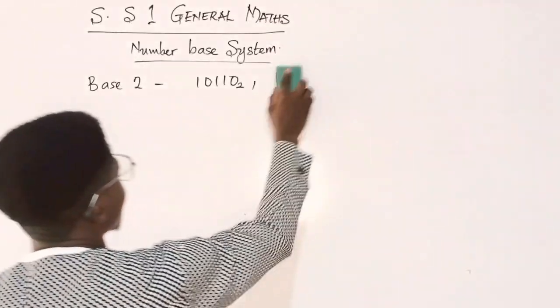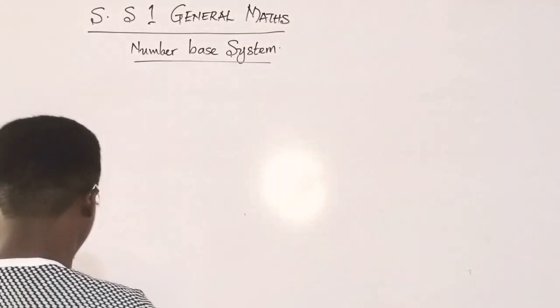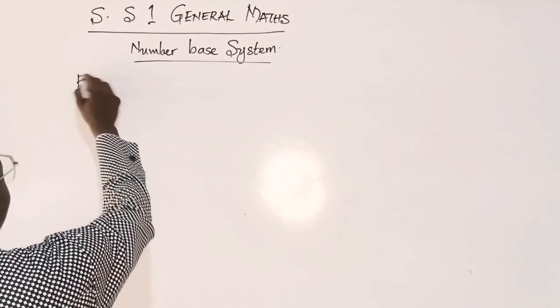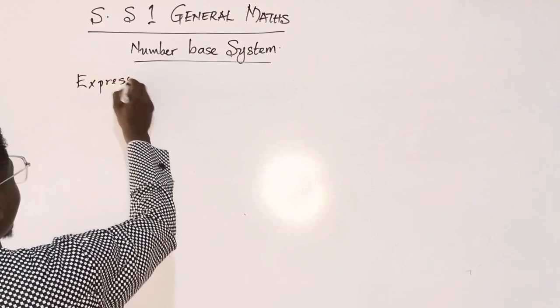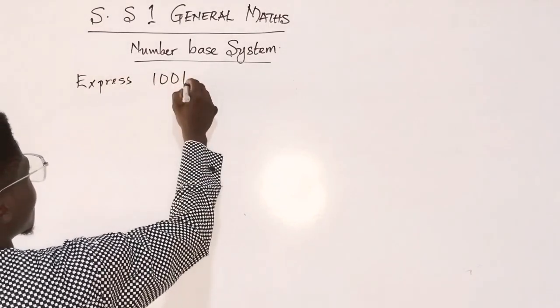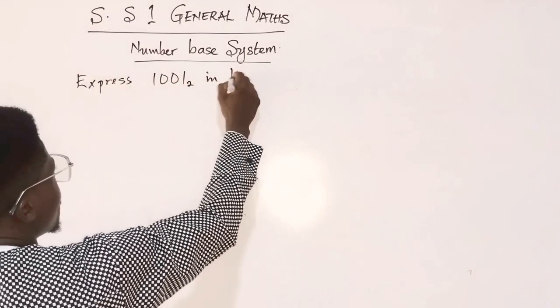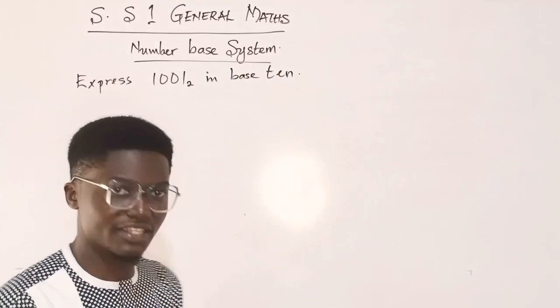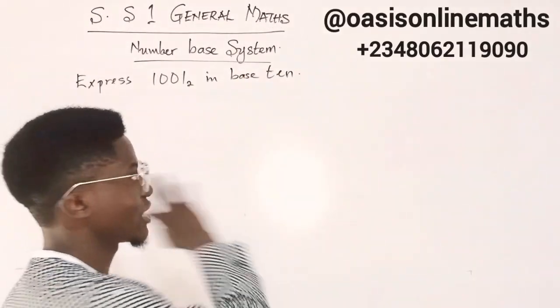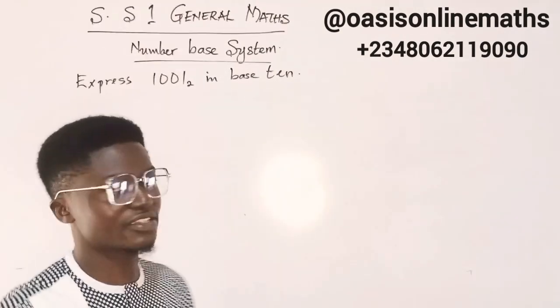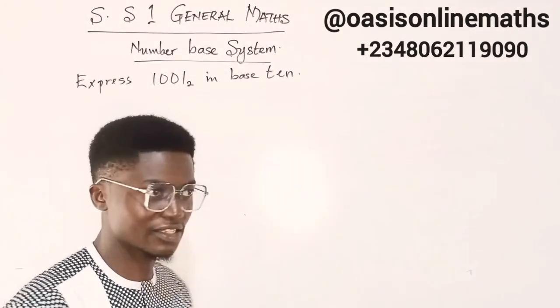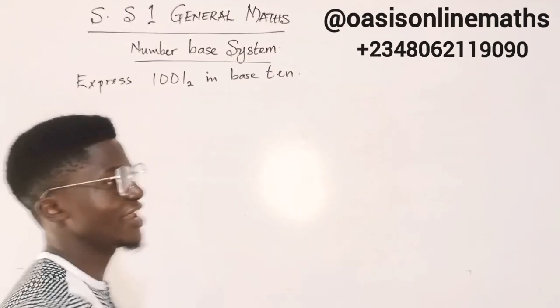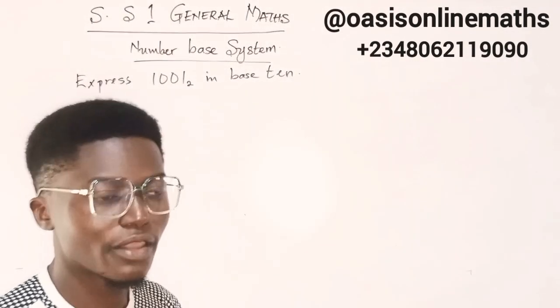Let's pick an example: express 1001 base 2 in base 10. This is very simple. In fact, it has been introduced to us starting from JSS 2 class, how we can express any number in base 2 down to base 10.